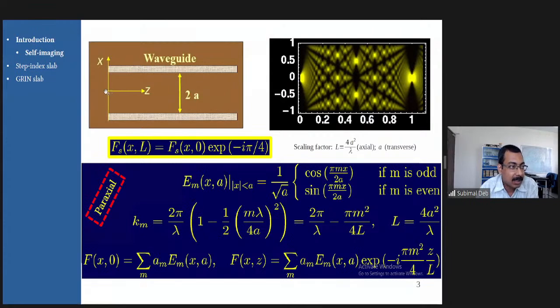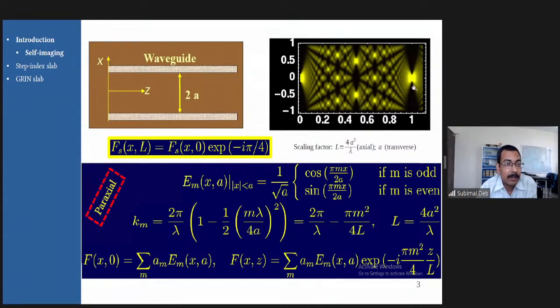And as the field propagates, if it is a multi-mode waveguide, that is, the waveguide supports more than one mode, each mode acquires a different phase. And as the individual modes propagate, they interfere and produce a very nice interference effect along the length of the waveguide. And at the Talbot distance L, you will see a replica of this input field.